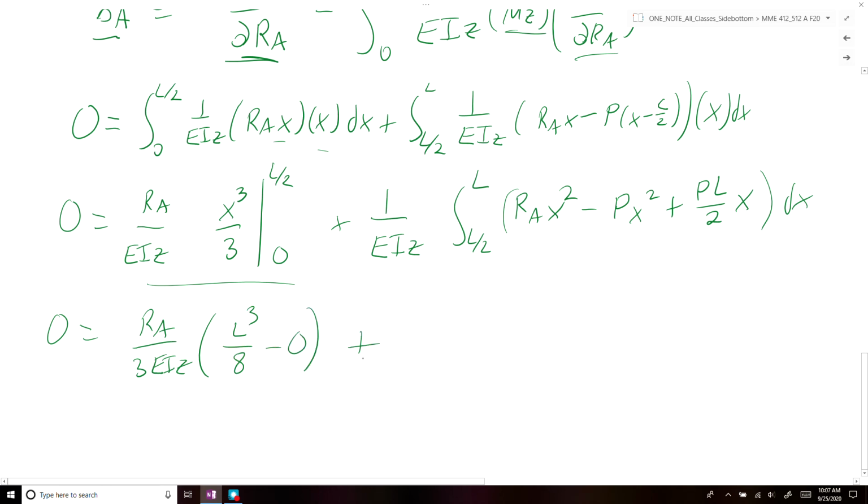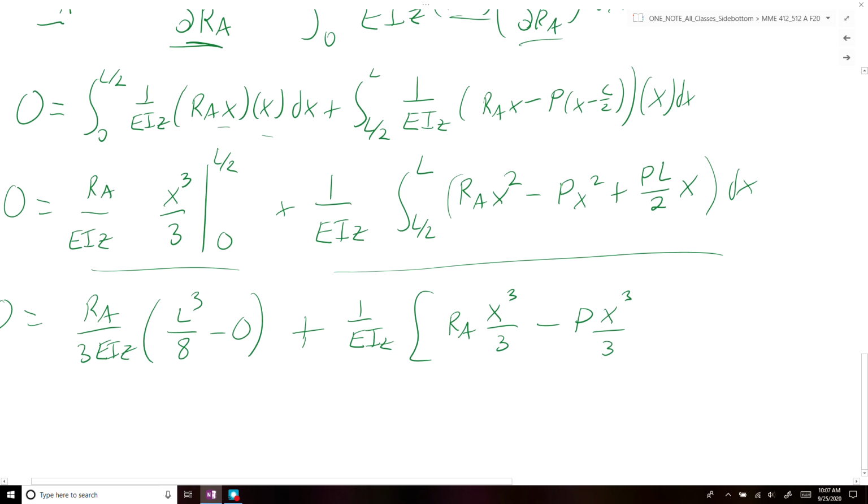Then for our second integral, we'll keep out the 1 over EIz, and we'll get RA x cubed over 3 minus P x cubed over 3 plus PL x squared over 4. We have to evaluate that from L over 2 to L.